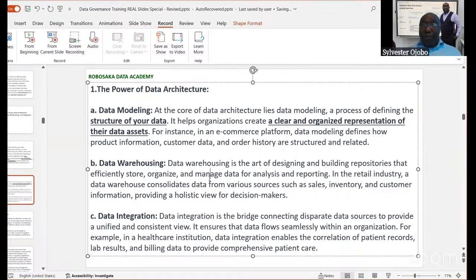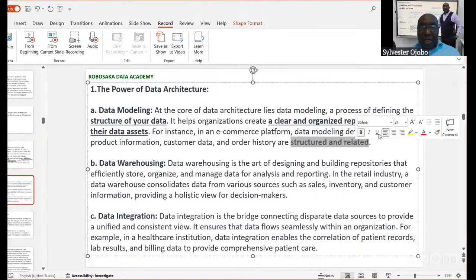So you must represent your data and also organize it well. That's the modeling. For instance, in an e-commerce platform, data modeling defines how product information, customer data, and order history are well structured and related.